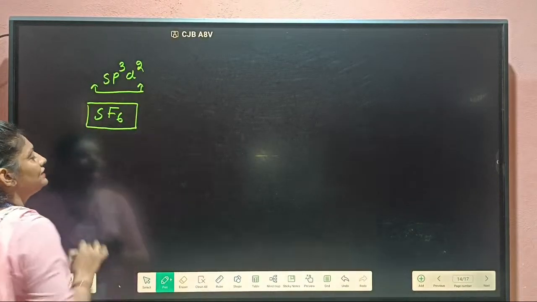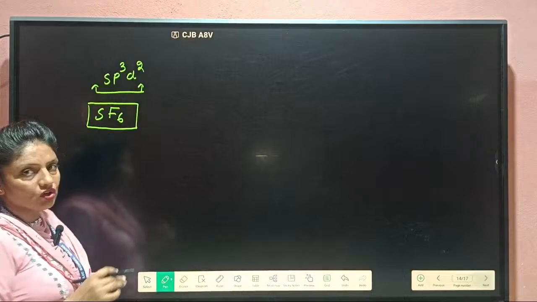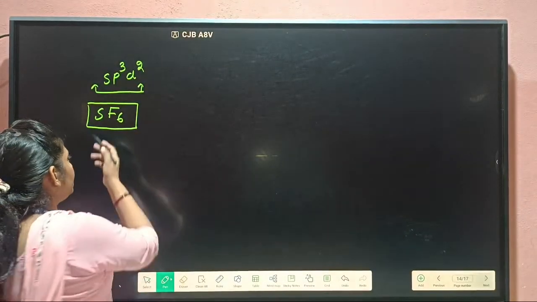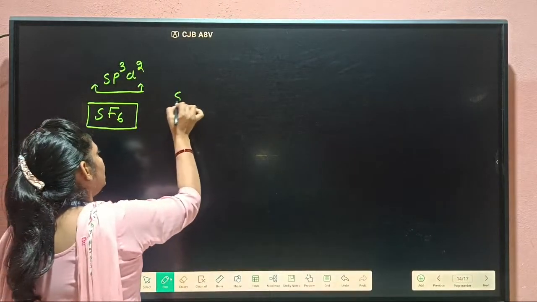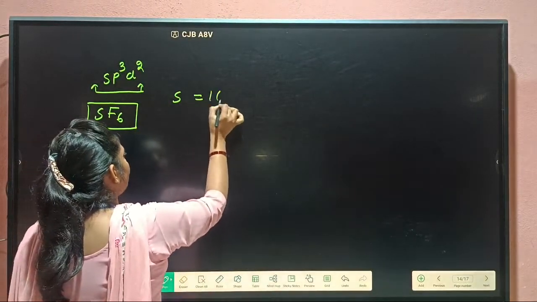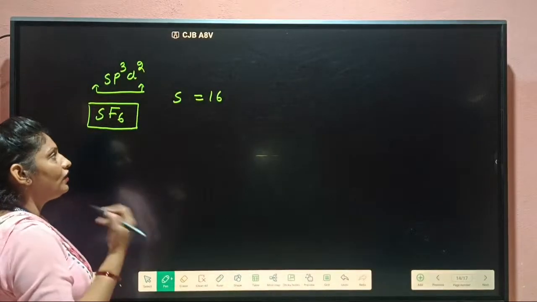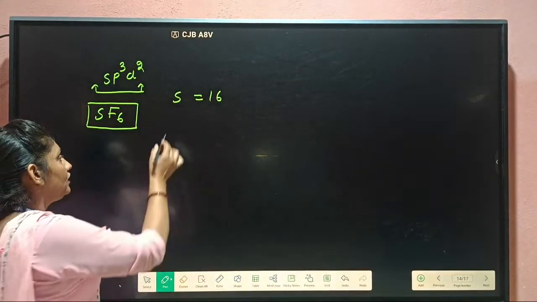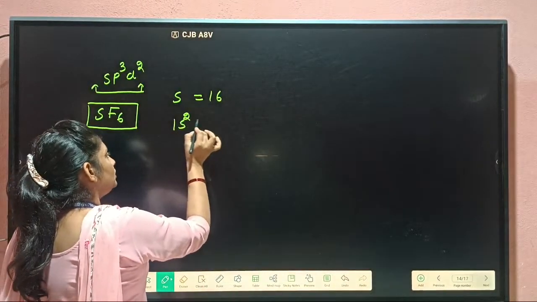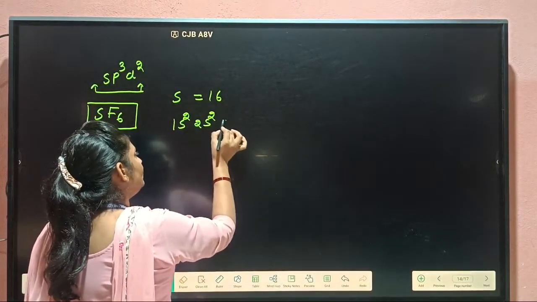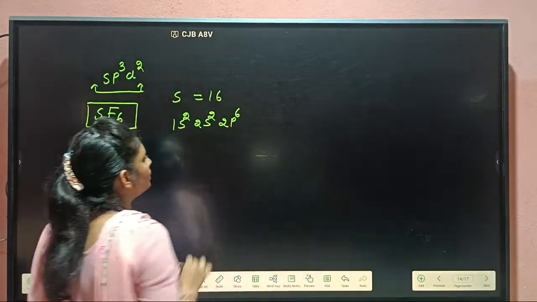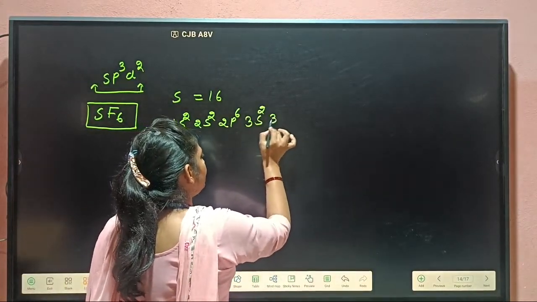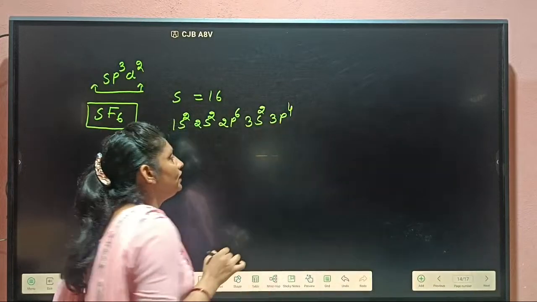Here, first of all, you will identify the central element. Here the central element is sulfur. You know very well the atomic number for sulfur is 16. Now write down the electronic configuration: 1s2, 2s2, 2p6, 3s2, 3p4.